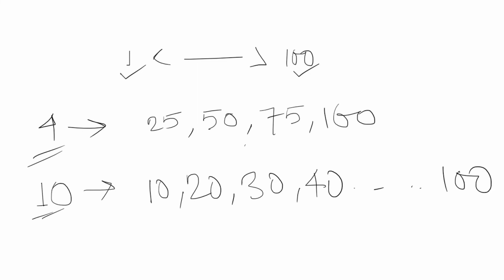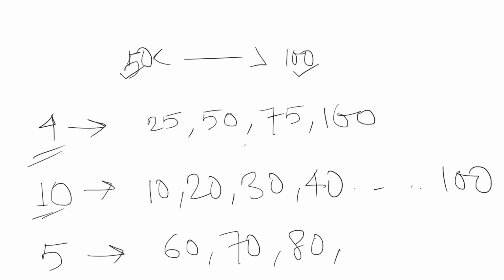Also, the range doesn't have to start from 1 and doesn't have to go up to 100. Let's say our range starts from 50. So 50 is the minimum value and 100 is the maximum value. And within this given range, the user wants to have 5 quantiles. In that case, the quantile function will create 5 buckets. In the first bucket, we will have values up to 60. In the second, we will have it up to 70, then 80, then 90, and then 100.